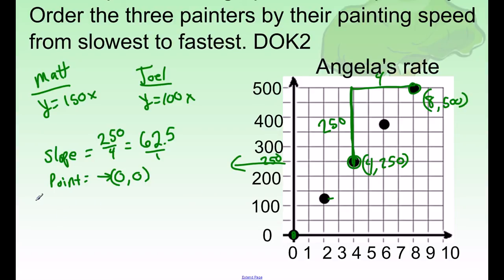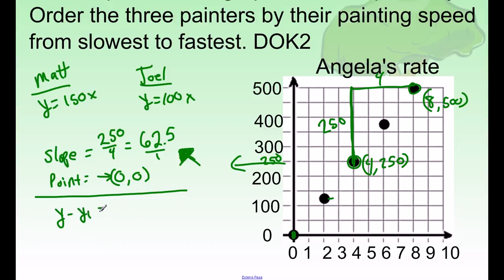So now we're going to write it into our equation. And if you heard me right a second ago, the slope is the rate of change. The slope is the rate that Angela paints. That's going to be her number. So like Matt paints at 150 square feet an hour. Joel paints at 100 square feet an hour. Angela's going to paint at 62.5 square feet an hour. But let's do the math.